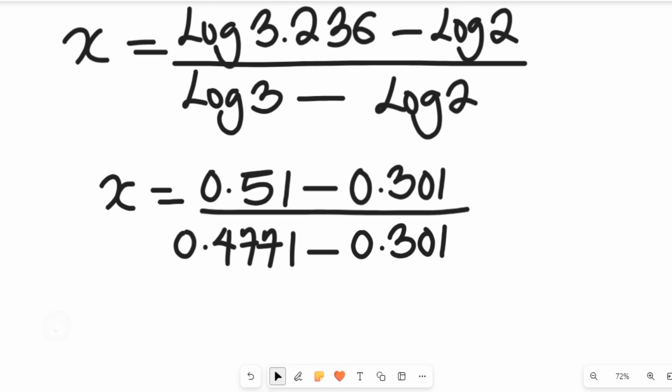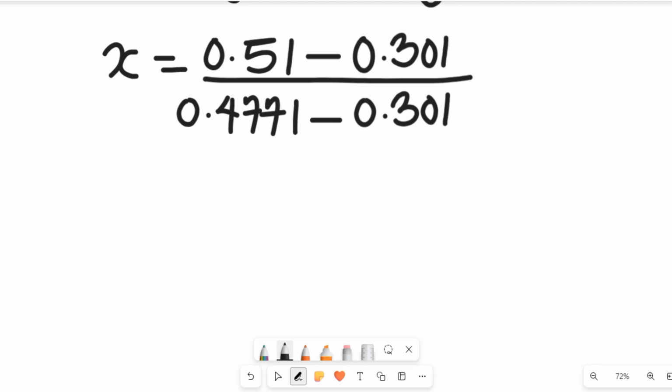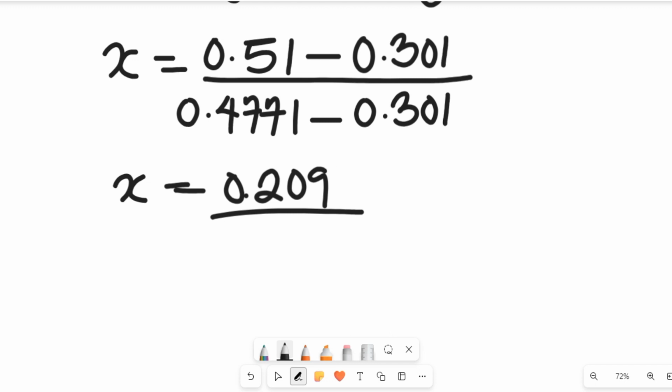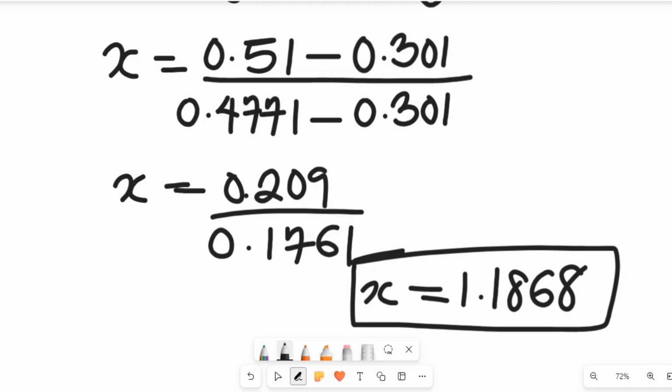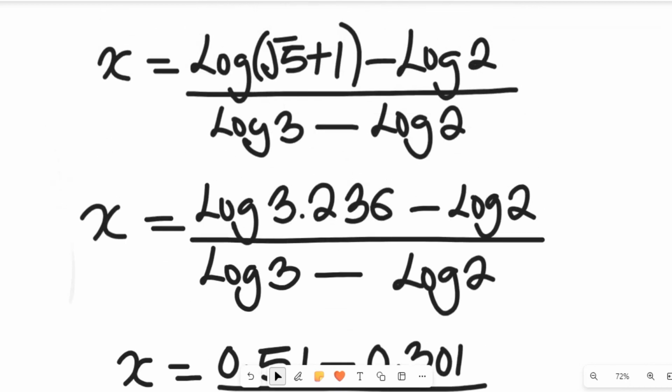So if you simplify this, the numerator is going to give us 0.209, right, divided by, this is going to give us 0.1761. So the value of x will be equal to 1.1868, and that's the value of x that truly satisfies that algebraic expression that is given to us up there.